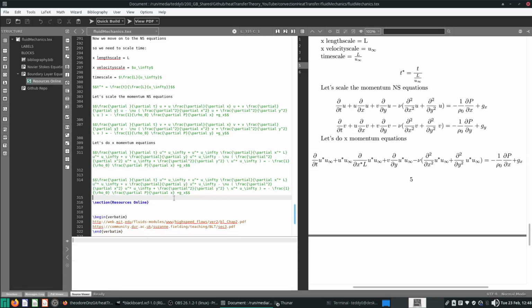So that will make it a little bit neater. So let's do 1 by u infinity. So I'll just get rid of u infinity. 1 2 3 and 4. So hopefully I don't make any careless mistakes here.